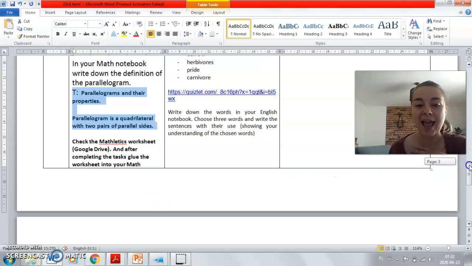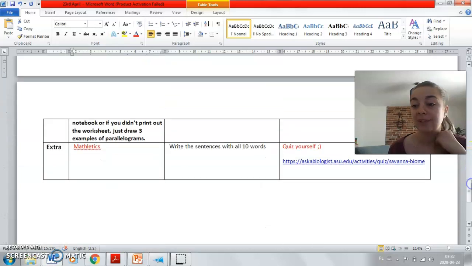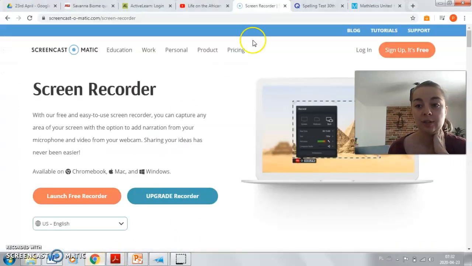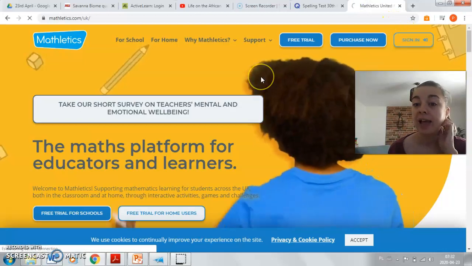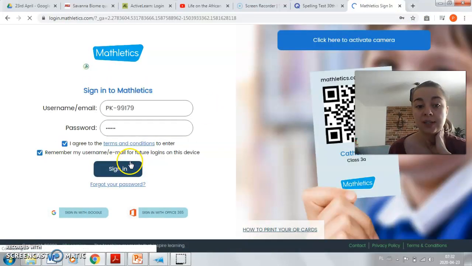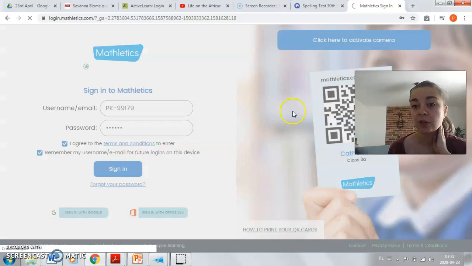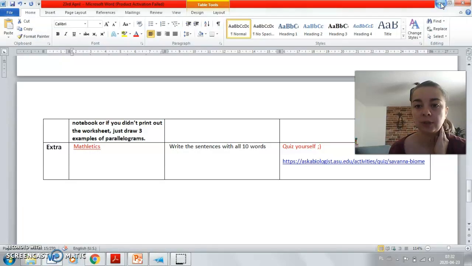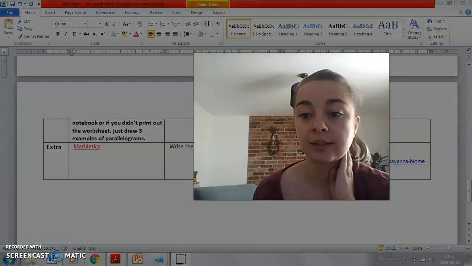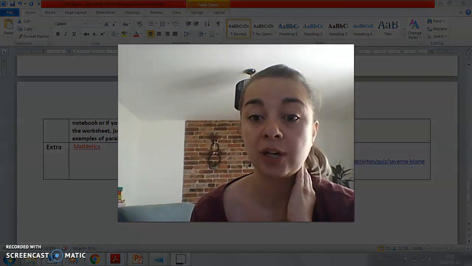And now for extra tasks, there is Mathletics. So don't forget, you may play Mathletics. Okay, and there are some activities assigned to you. So when you enter Mathletics, you will be automatically given some tasks about the shapes.